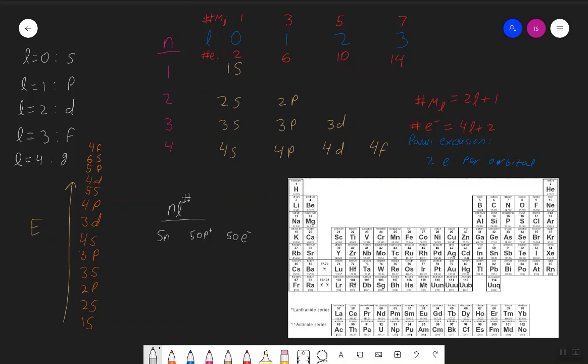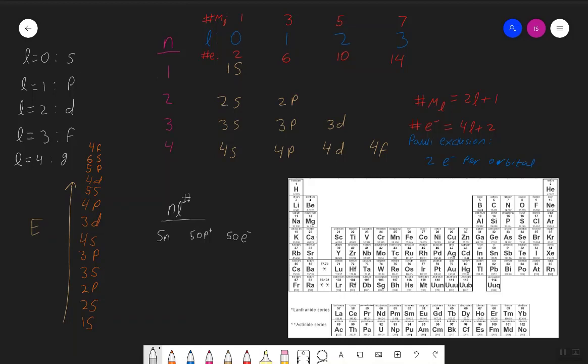Although remember, there is a limit to the number of electrons in each subshell: only 2 electrons per s subshell, 6 per p, 10 per d, 14 per f. We want to start with the lower ones because electrons will naturally have lower energies. This is called the ground state, which means the lowest possible energy.